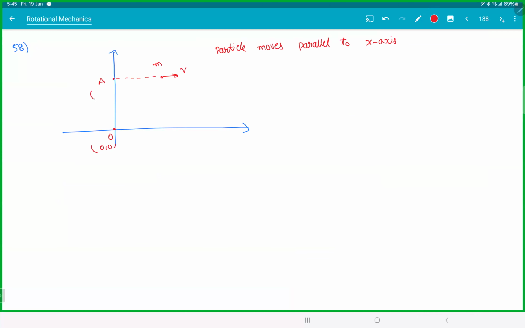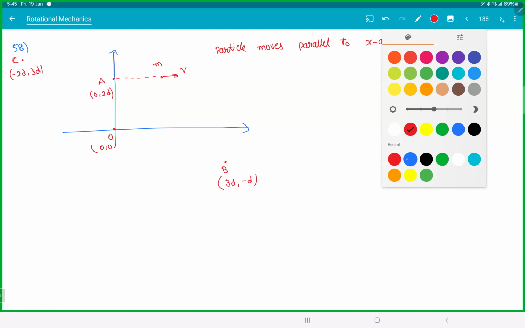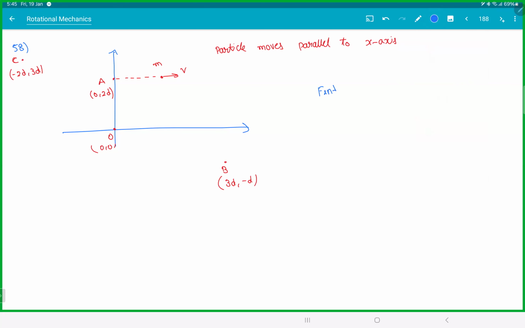This point is A, which is (0, 2D). This point is B, which is (3D, minus D). This point is C, which is (minus 2D, 3D). So there are 4 points like this. Find the angular momentum L bar of this particle about O, A, B, C. The particle of mass m is going with speed v, and there are 4 points O, A, B, C. Depending on where you're standing, you'll get different angular momentums. Find the angular momentum.